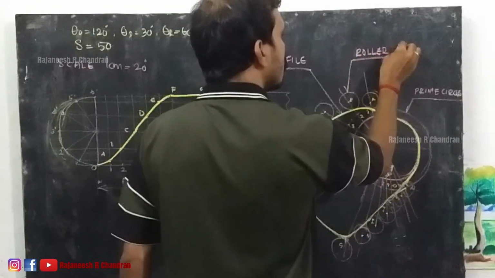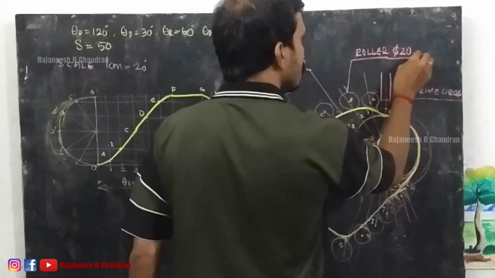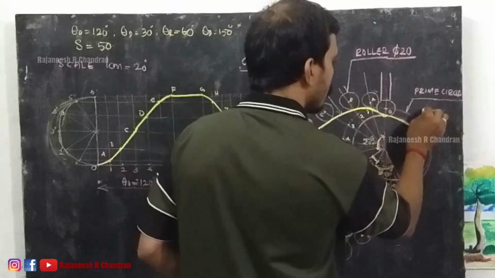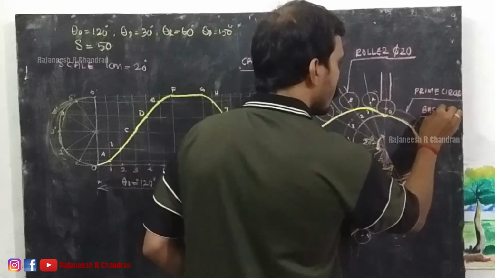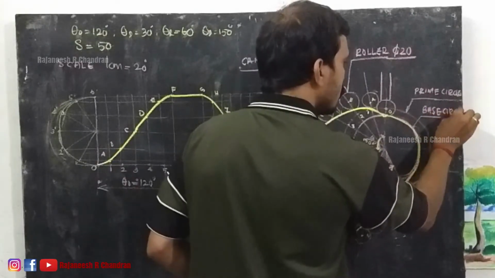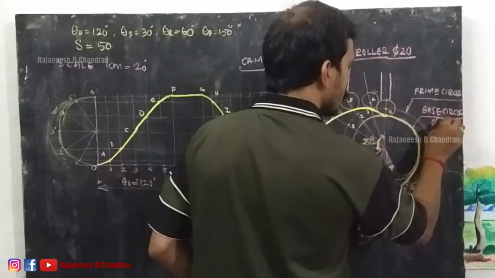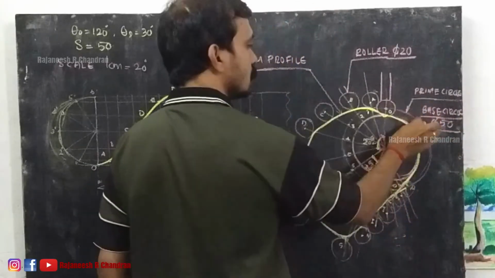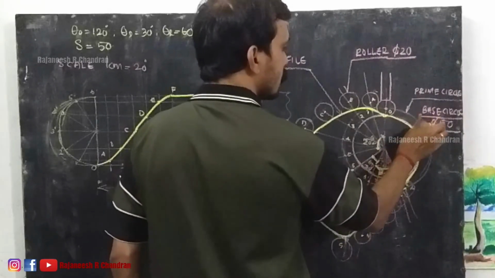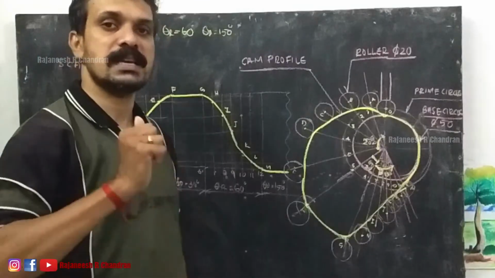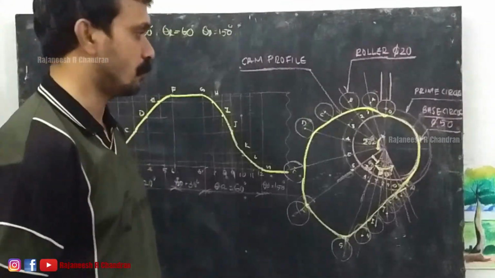Roller diameter 20. Now base circle diameter 50 or radius 25. One more thing is given in the question. There is a camshaft having a diameter of 25.